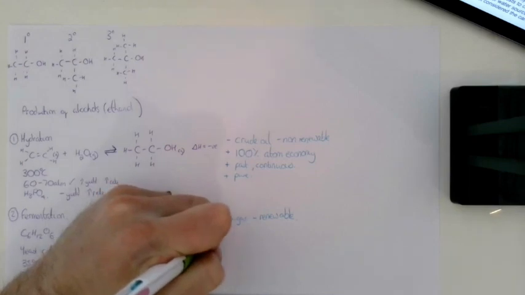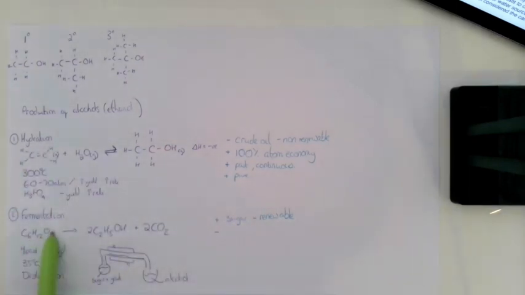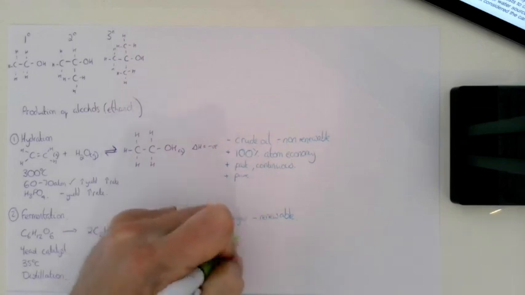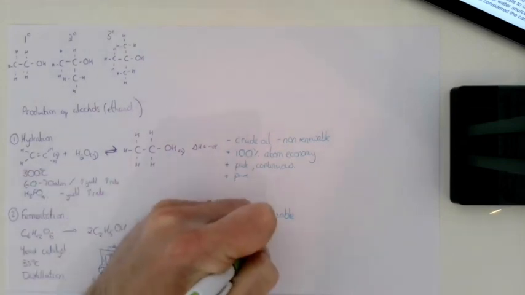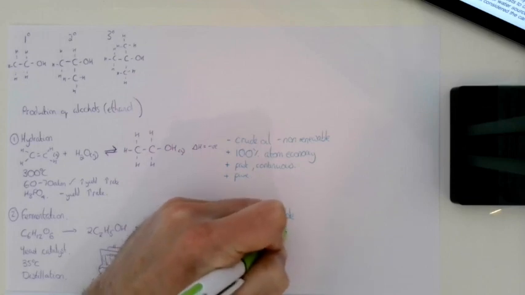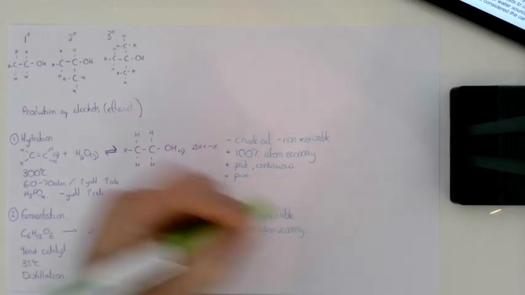A bad thing is the atom economy. If you look at the atoms in the sugar, actually not all of them end up being used to make the ethanol. Some of them are used to make carbon dioxide, so the atom economy is less than 100%. So that's a negative aspect of this process.